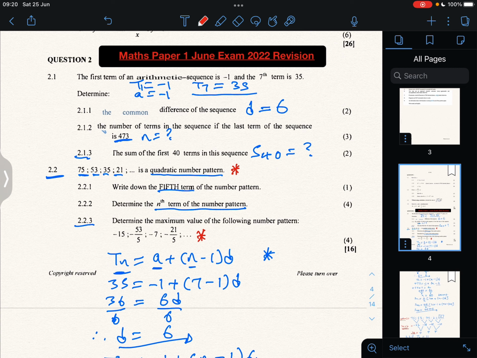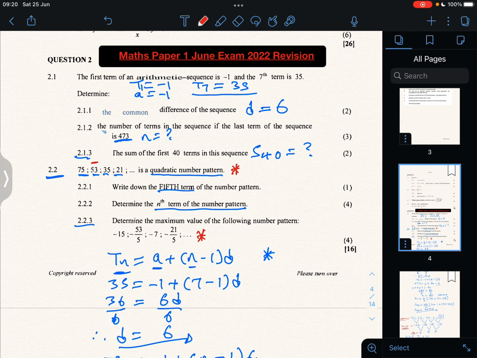So we have negative 15 as the first term here, while here we have positive 75. The second term is negative 53 divided by 5, while here we have a what? A 53.